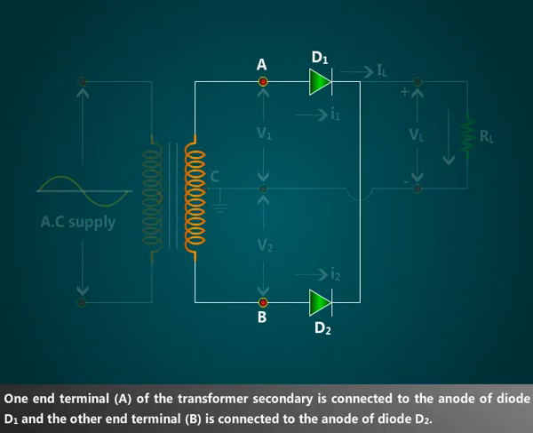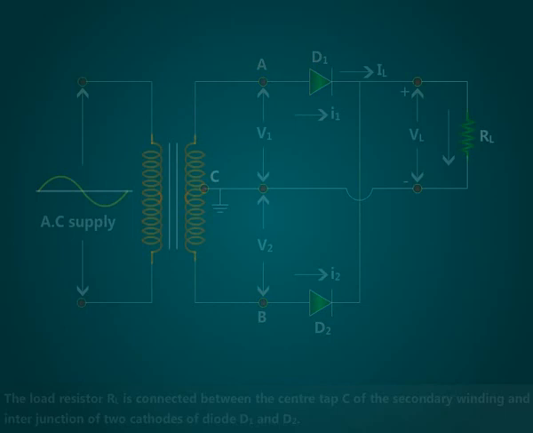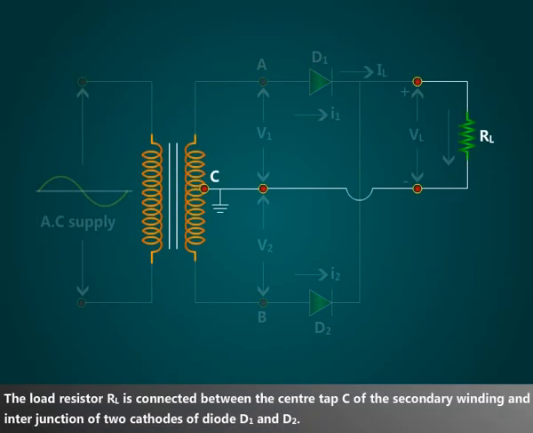One end terminal A of the transformer secondary is connected to the anode of diode D1 and the other end terminal B is connected to the anode of diode D2. The load resistor RL is connected between the center tap C of the secondary winding and the junction of the two cathodes of diodes D1 and D2.